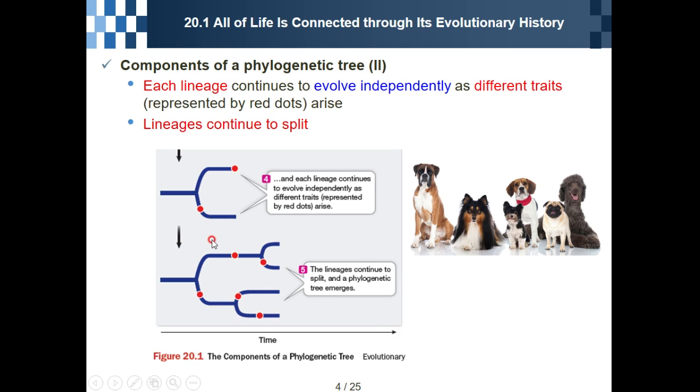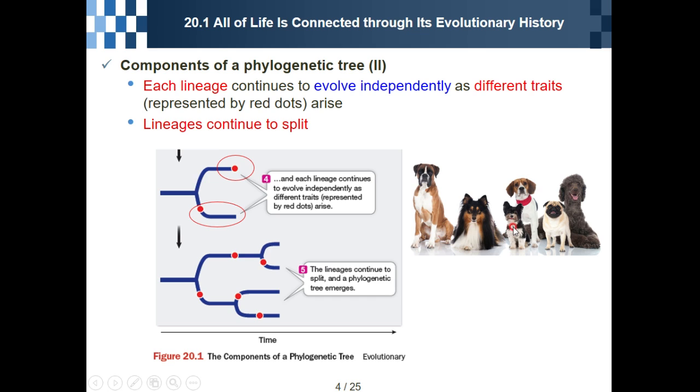Okay, and in the phylogenetic tree we can also see dots like this. Each lineage continues to evolve independently as different traits arise, for example, this trait and this trait. For example, this is the dog.